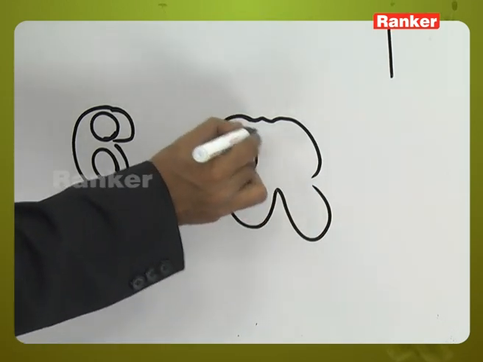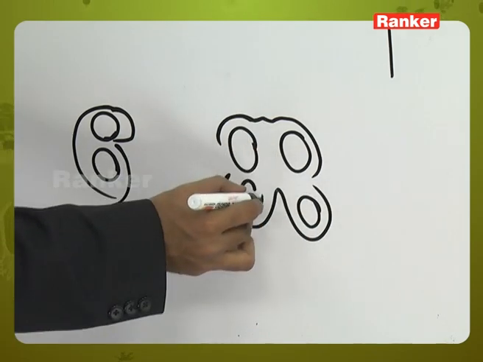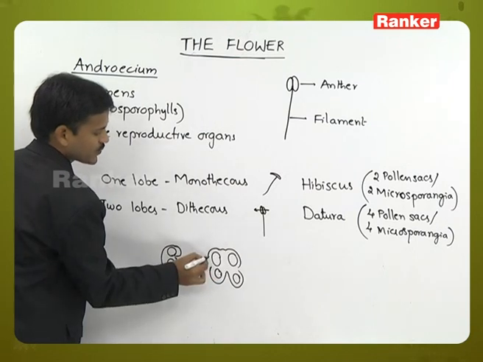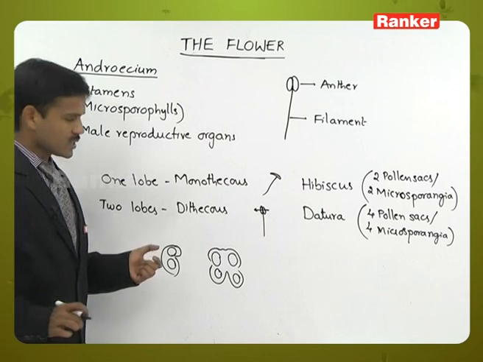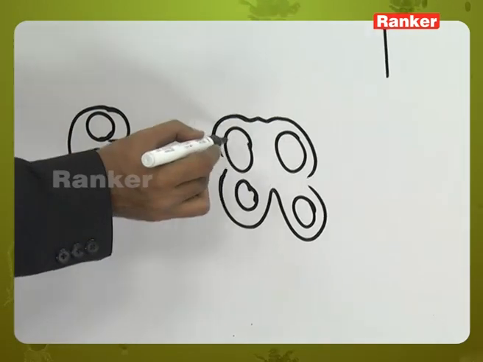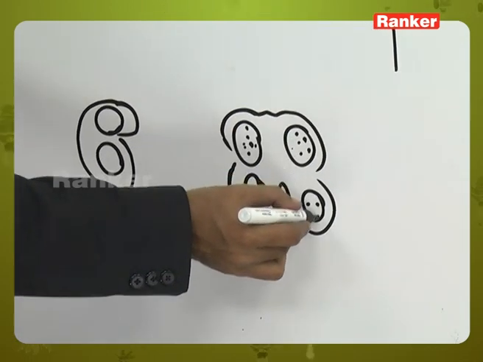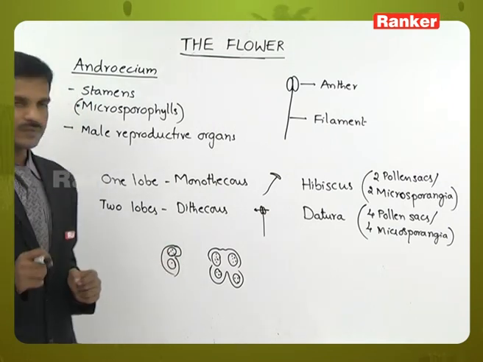So, it is one pollen sac, 2, 3, 4. Here it is one lobe, and it is also one lobe. So, two lobes are present. In each lobe, two pollen sacs or two pollen chambers or two microsporangia are present. In these pollen sacs, the pollen grains are produced.